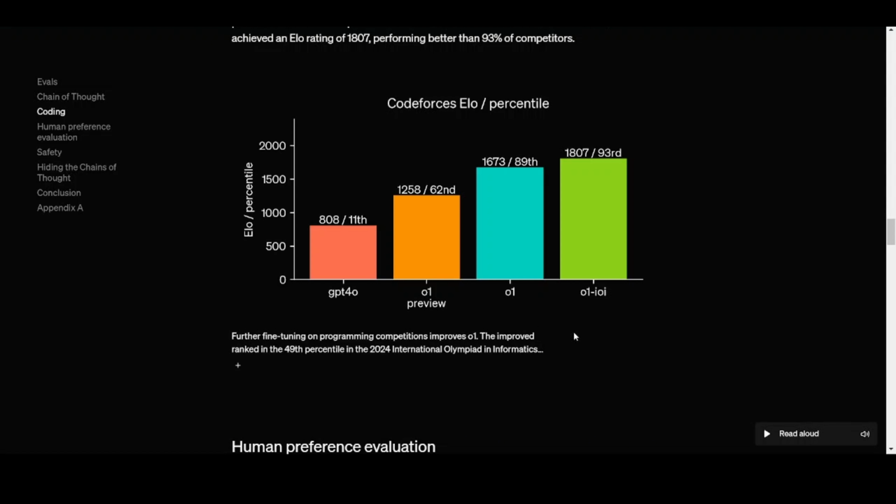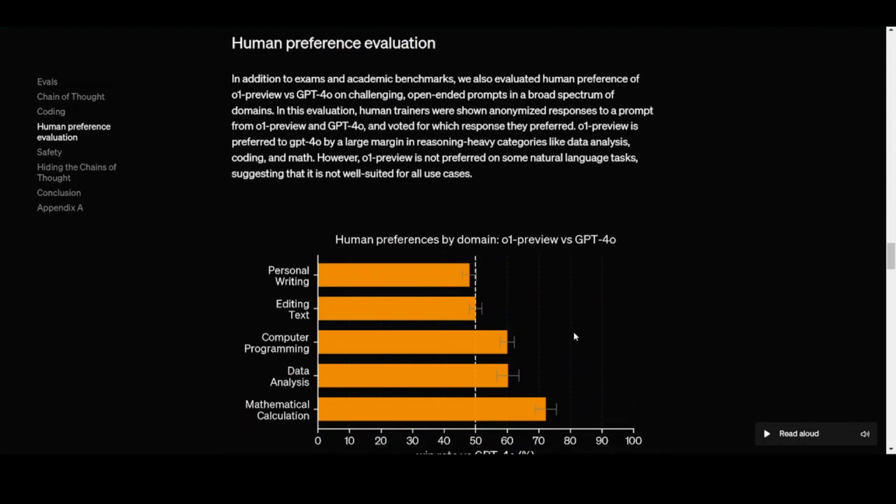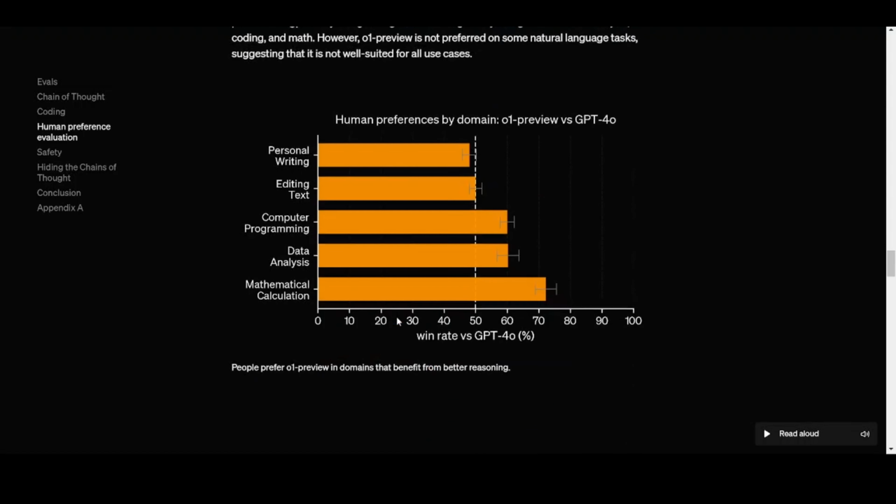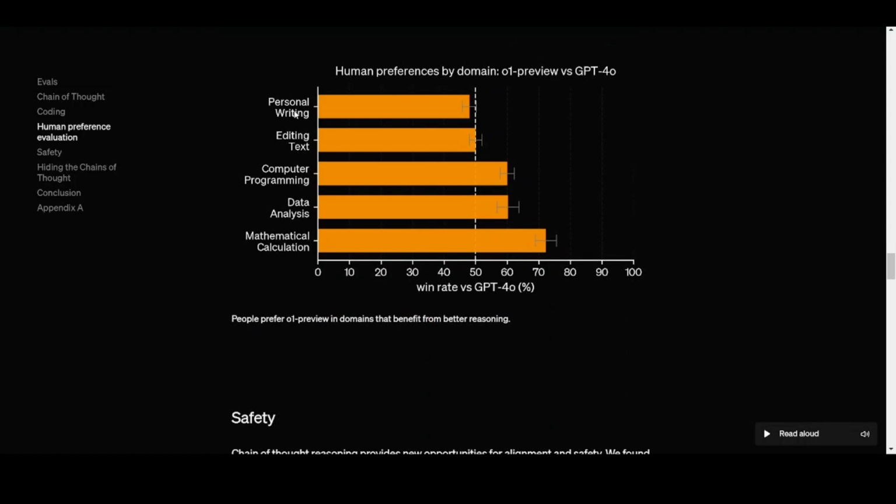In addition to exams and academic benchmarks, they also evaluated human preference of O1 preview versus GPT-4o on challenging, open-ended prompts in a broad spectrum of domains. In this evaluation, human trainers were shown anonymized responses to a prompt from O1 Preview and GPT-4o and voted for which response they preferred.